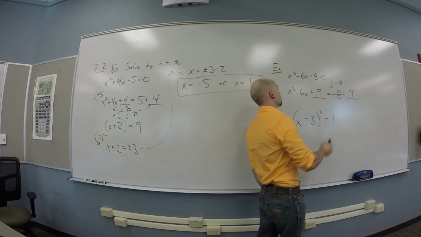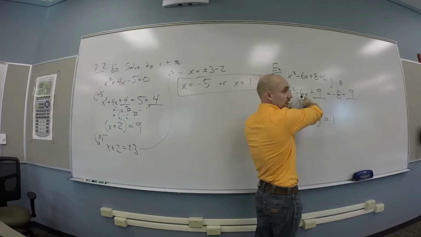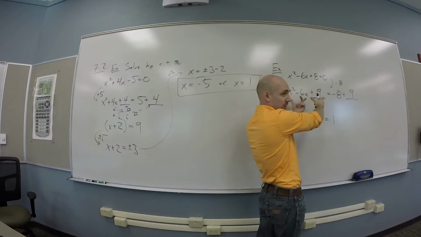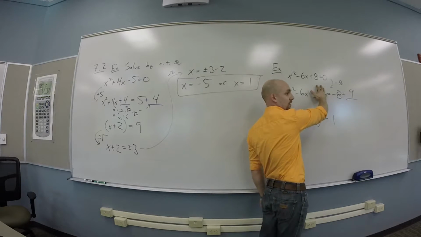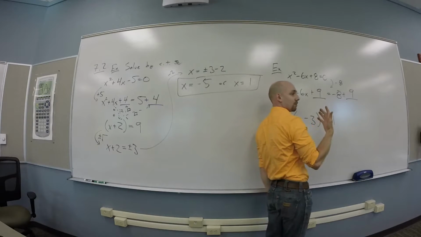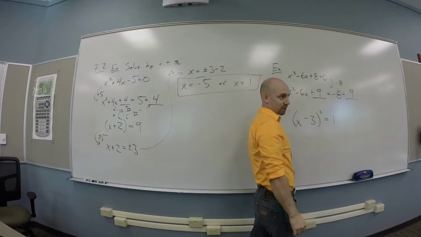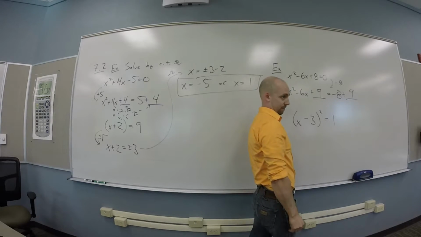Because I'm really thinking, I had x squared minus 6x, and I'd like to think about this whole side as a perfect square trinomial. It doesn't initially have anything there, so I can't think about it as something squared, because it's not. So I have to fill that blank with something so that it's something squared.